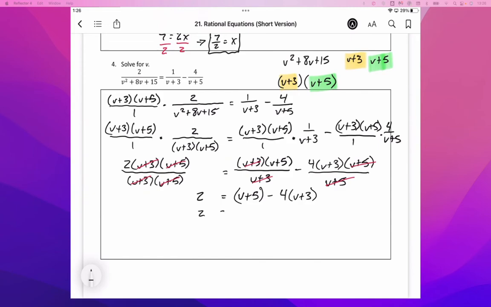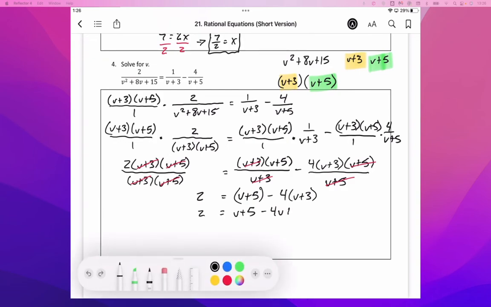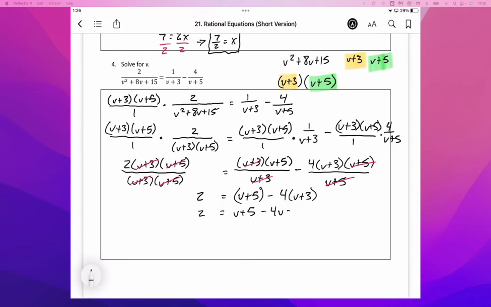And so we will have 2 is equal to v plus 5 minus 4v minus 12. The negative stays with the 4, and so we get a minus 12. Almost made a mistake. Okay, simplify the right side further. Positive v and negative 4v makes negative 3v.